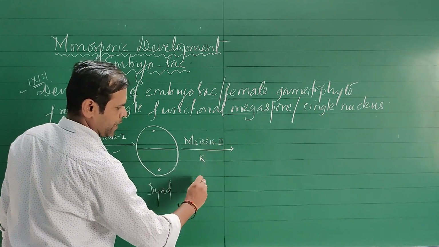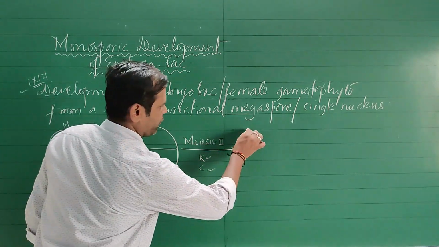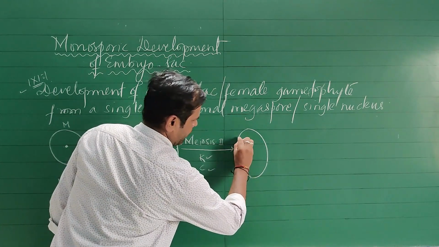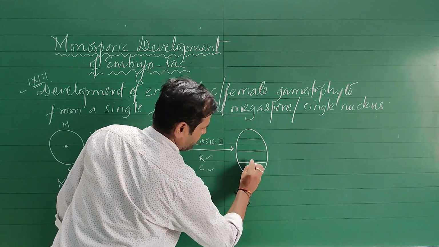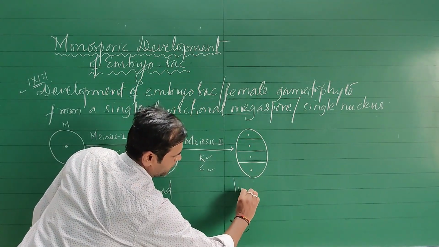Now this dyad then undergoes meiosis 2. Again, first karyokinesis, then cytokinesis, and forms a linear tetrad of megaspore.